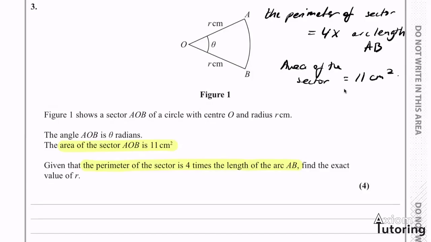So let's label the arc length first. That's L. And let's use L and R to write an expression for the perimeter of the sector using the arc length. So the perimeter of the sector is just going to be the length of the 2 radii plus this arc length.